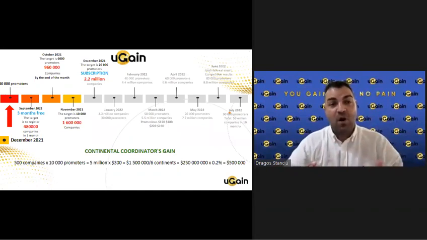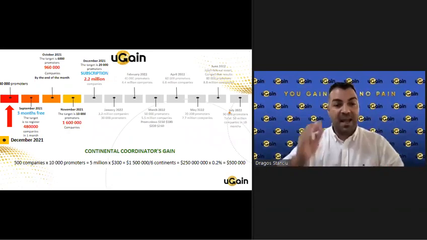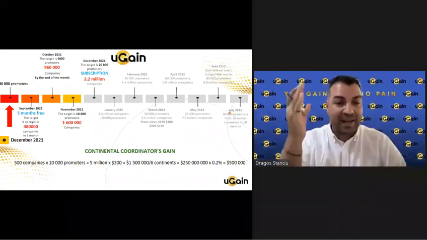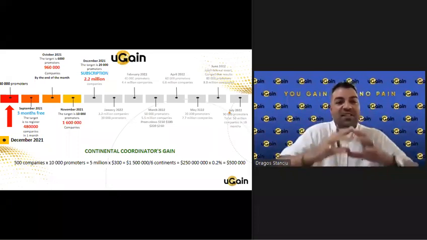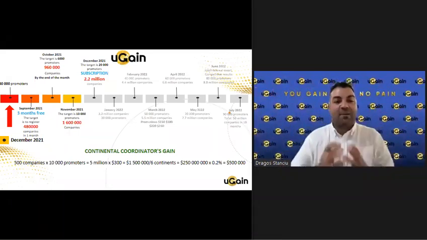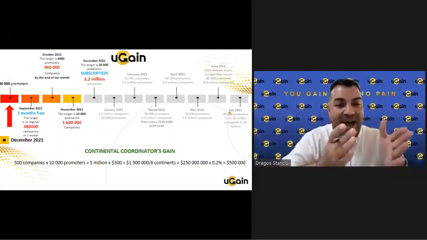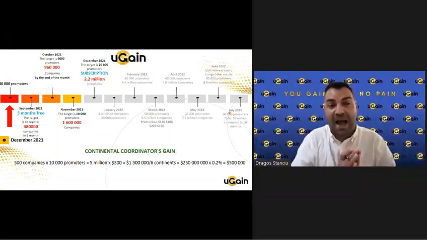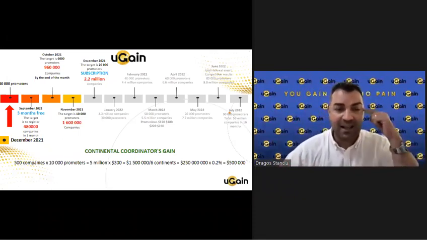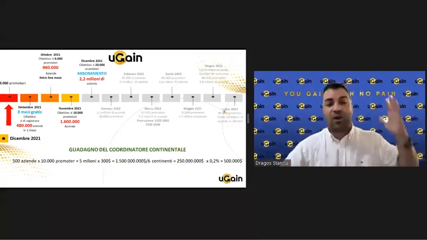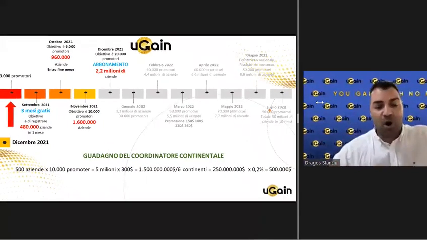And we also mentioned that in December, we were going to start receiving our first subscription fees. And even if I, as a coordinator, the continental coordinator, want to understand how it will affect me, how the achievement of our targets will affect me, I can do this simple calculation.